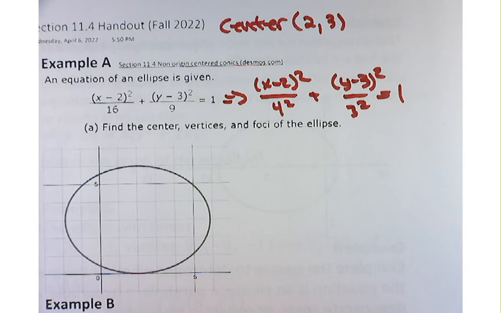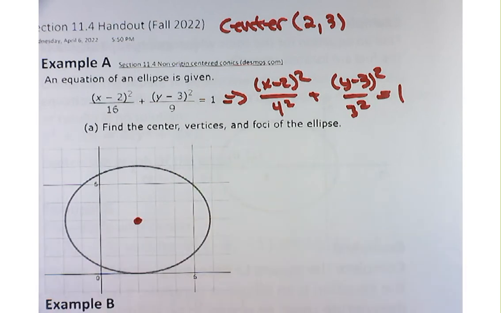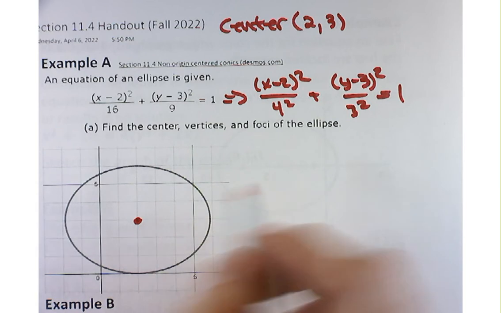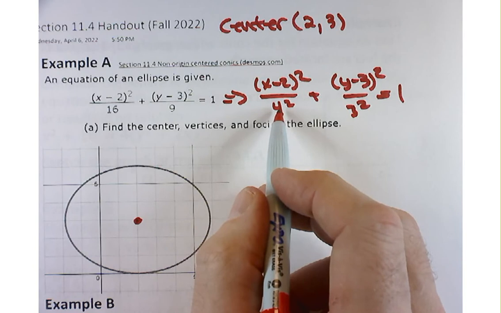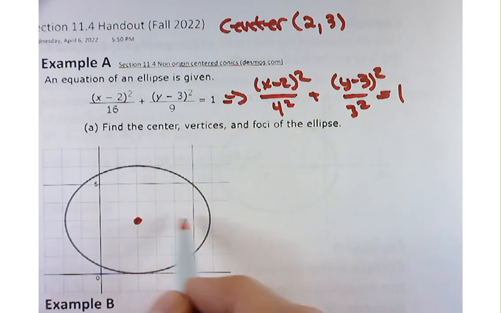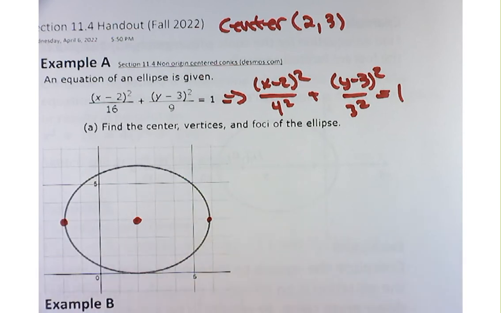Perfect. So that gives us a center right here at 2 and 3. And you can see that if you move a distance of 4 away from the center in either direction, left or right, you're going to find the vertices. Something doesn't look great on this graph, but I'm not going to worry about that. 1, 2, 3, 4.